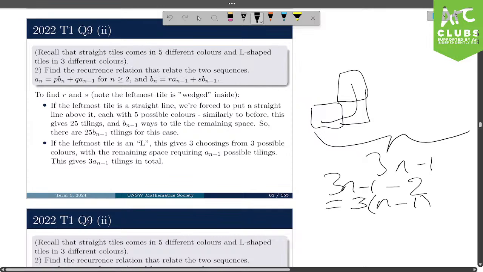So actually the rest of this grid here is going to be the AN minus 1 grid. Okay, so we're considering case by case, and we either get an AN grid, or a BN grid, or an AN minus 1 grid. Cool.